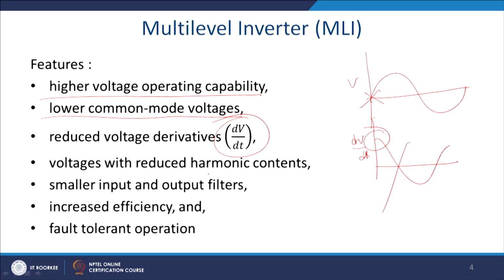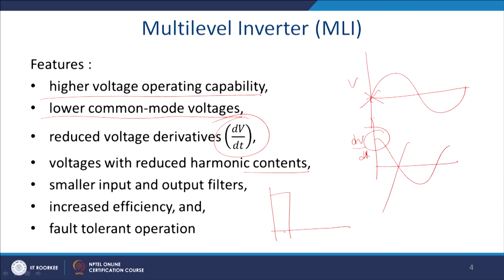Voltage with reduced harmonic content, it is because of what you want. You want maybe a particular voltage, 42 volt let us say. Your DC bus voltage is 100 volt. So, essentially you will manage the volt-area balancing, because you can apply only 100 volt for some time, and you say that this area and this area are equal.